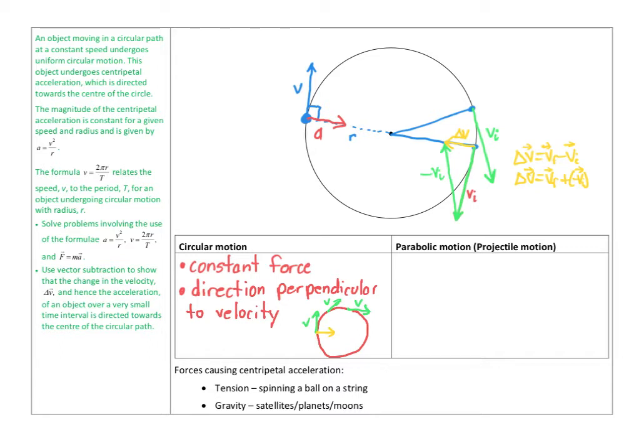I'm just trying to show that's at 90 degrees, back at 90 degrees. So that force, and therefore the acceleration, is always at 90 degrees, always perpendicular to the velocity vector. So the direction of the force is always changing.